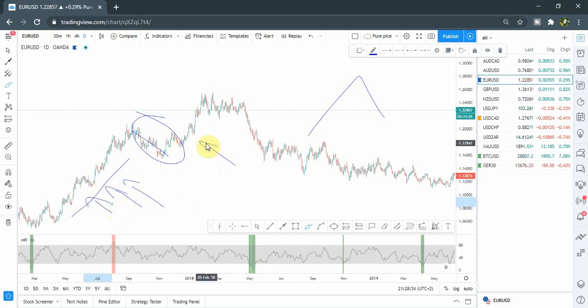However, this one ended here, and then the market began to move sideways. Then it was clear to us as traders that the buyers were getting exhausted, because their impulsive wave is smaller than the previous one. So it means they are now getting weak.